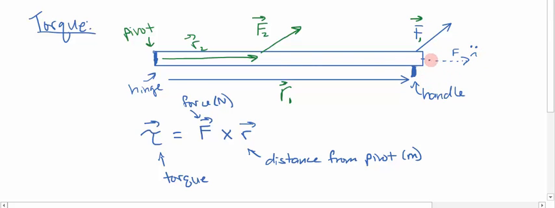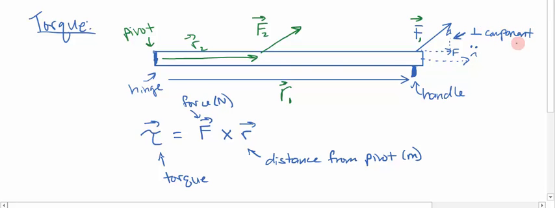So it's not just the magnitude of the force, nor is it just the magnitude of the force and the distance from the pivot, but the relative direction between these two matters as well. And so when we look at these forces and think about what part of this force is actually causing this change in rotation, looking at the components of the force, we zoom in on the perpendicular component of the force.